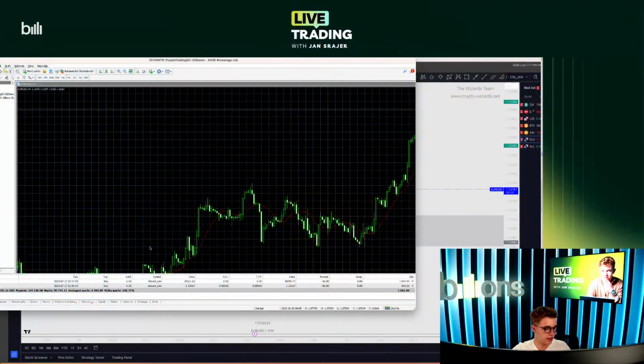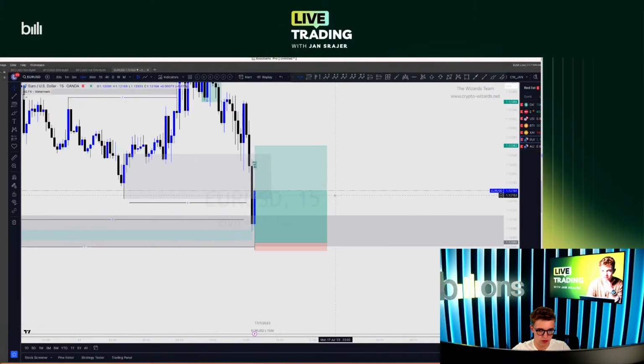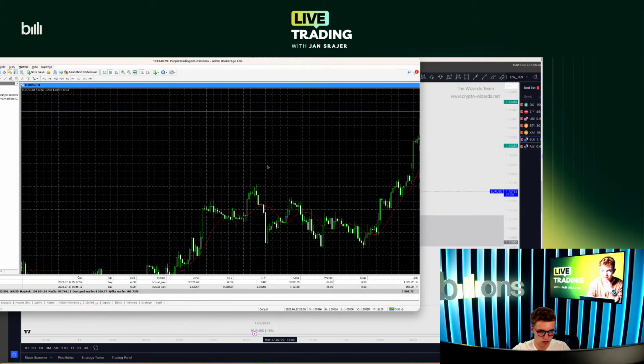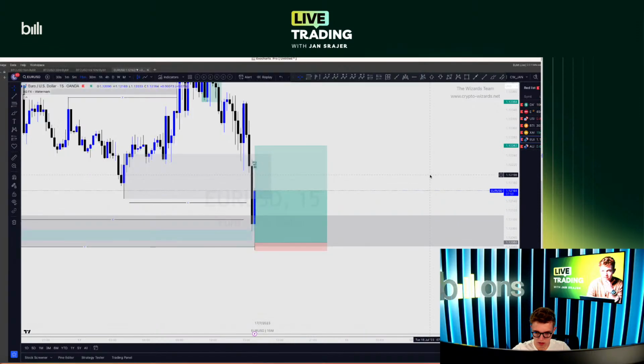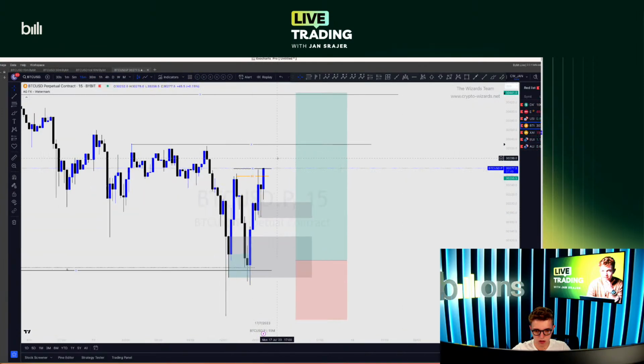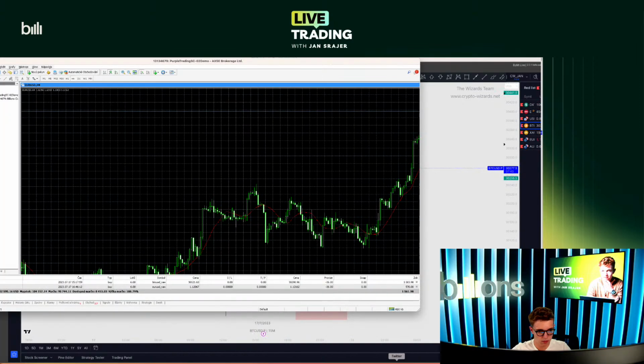Yeah, so around 1,500 in profit right now. Oh, I'm not showing my screen. Sorry, guys. This is my entry on EU. Going to be moving stop loss to break even.